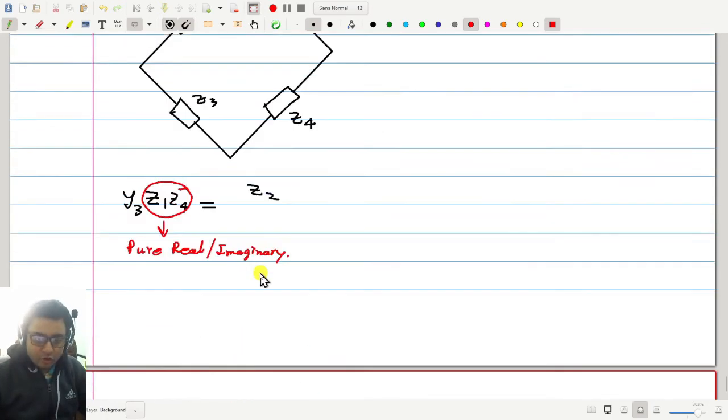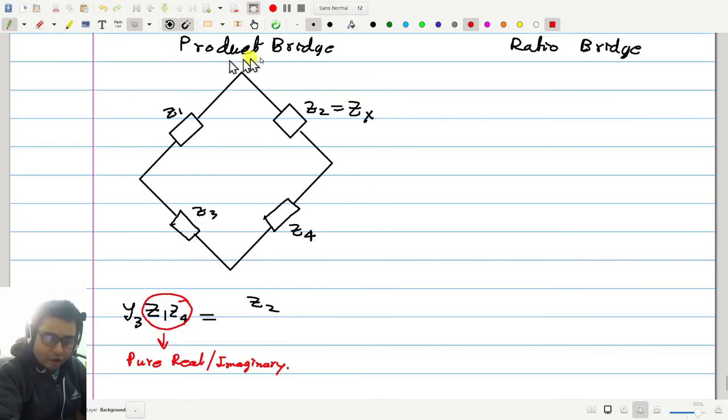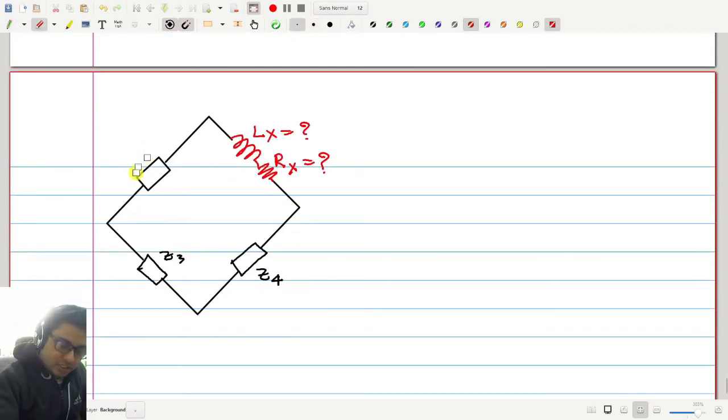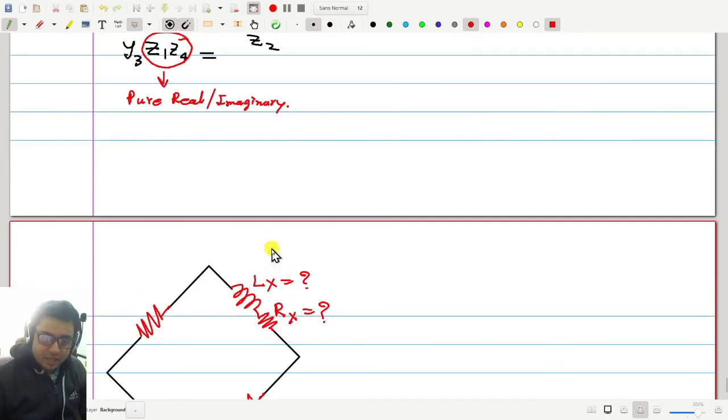Now if we follow the idea of the product bridge, we will take the product of two opposite arms as a pure real number or imaginary number. For example, here I can choose this to be a pure resistance, this also to be a pure resistance.